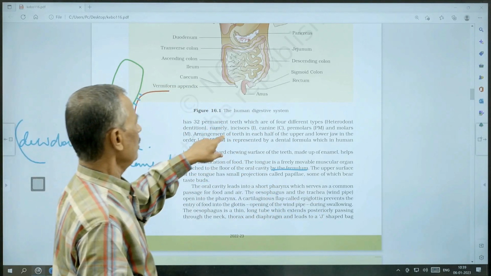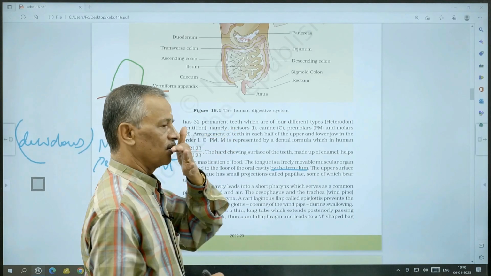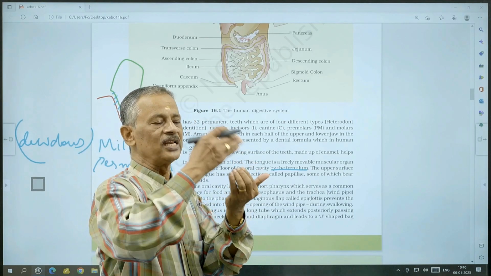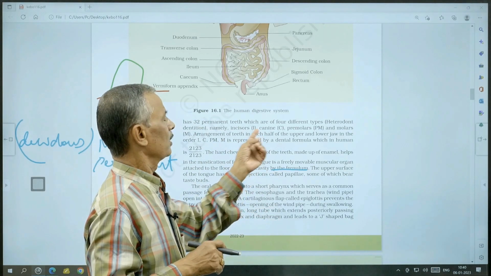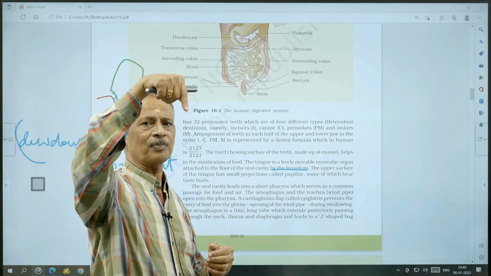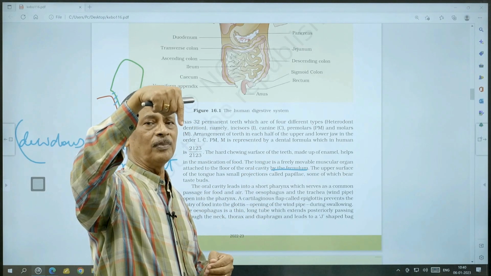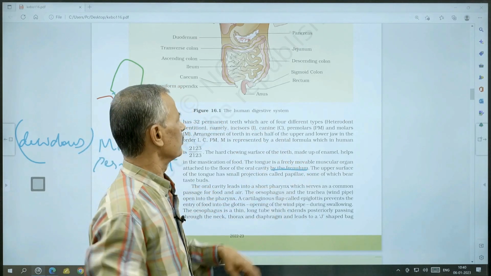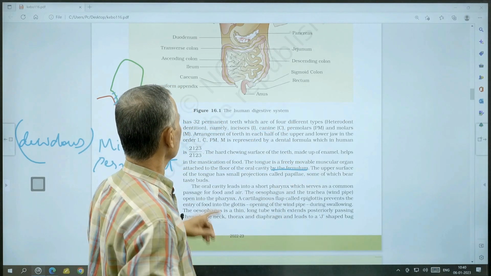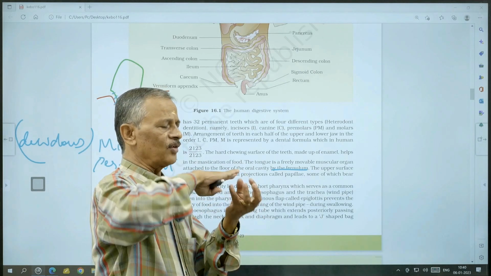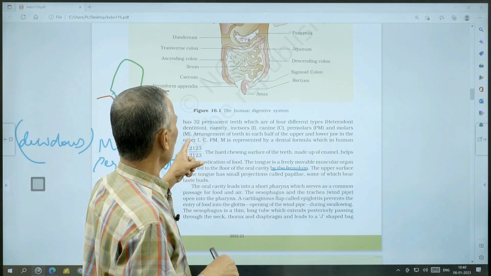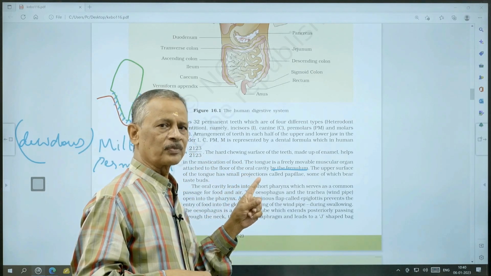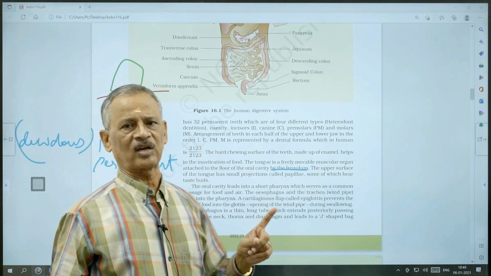They are all incisors, the flat, thin, chisel-like teeth. Canines, which are all sharp, longer type, which are used for tearing. Premolars are smaller teeth with a flat surface, and molars are larger, also with flat surface.